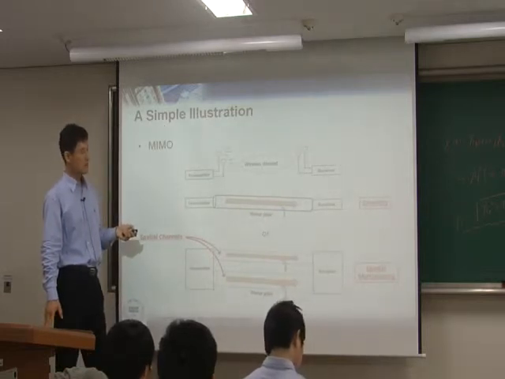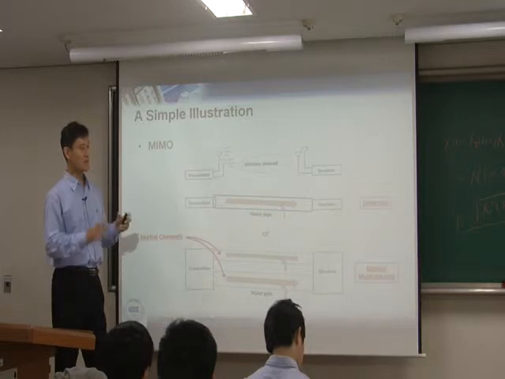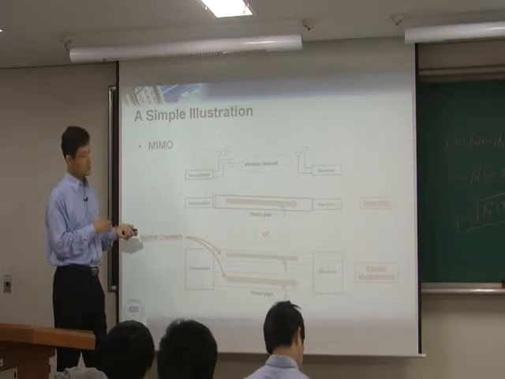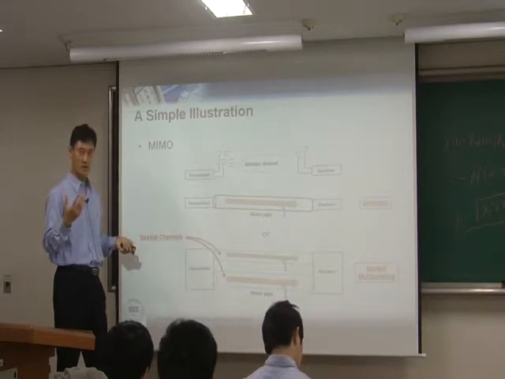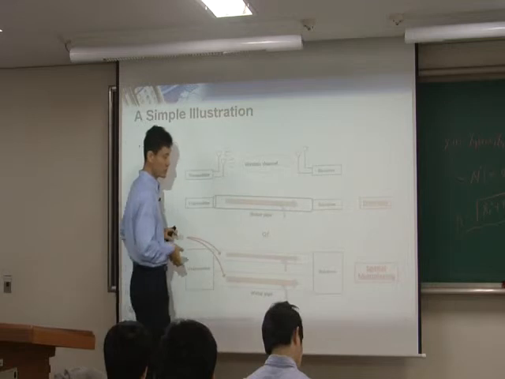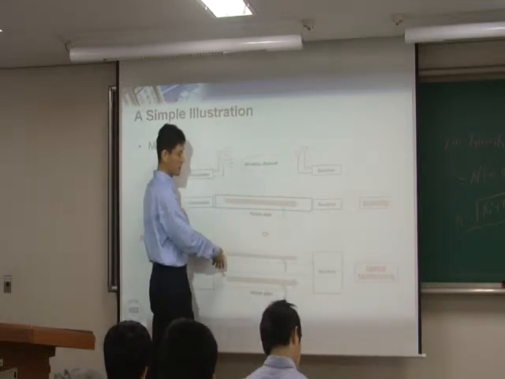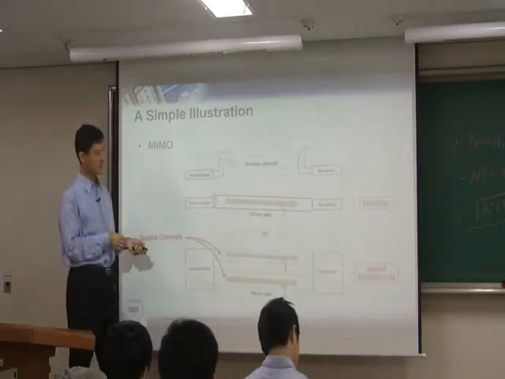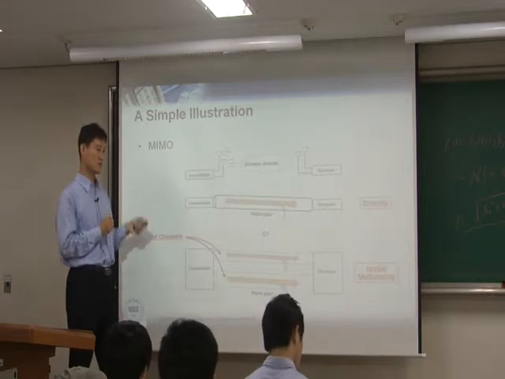The second choice is that instead of making one very reliable thicker pipe, we can also virtually make two independent pipes, two pipes. Okay, that's another choice you can do.